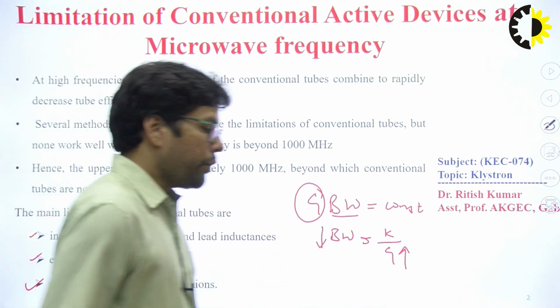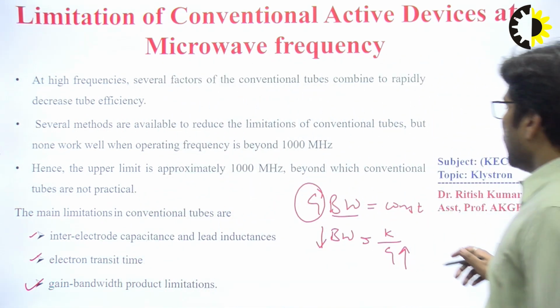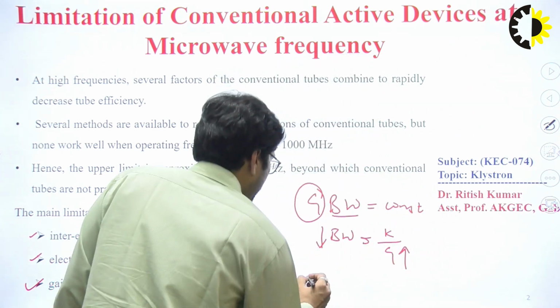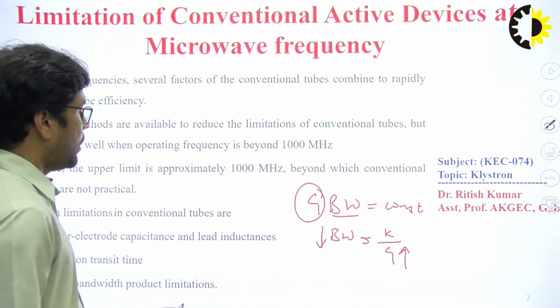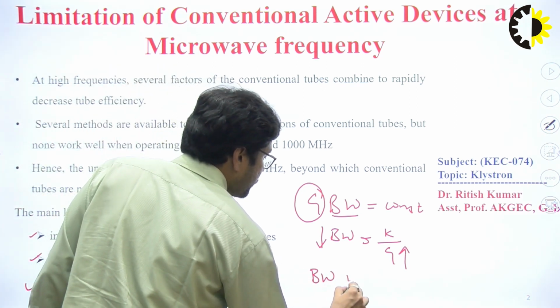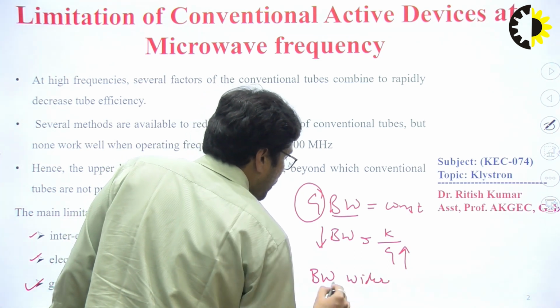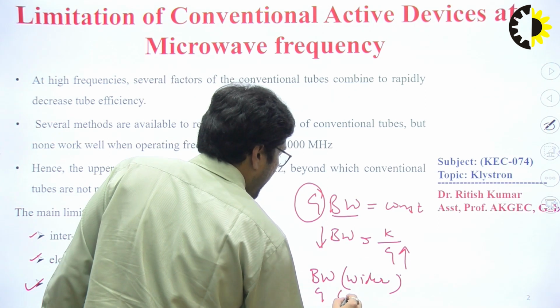But at higher frequencies or for higher power, we need wider bandwidth. For satellite applications, we need a device which has a wider bandwidth and higher gain.